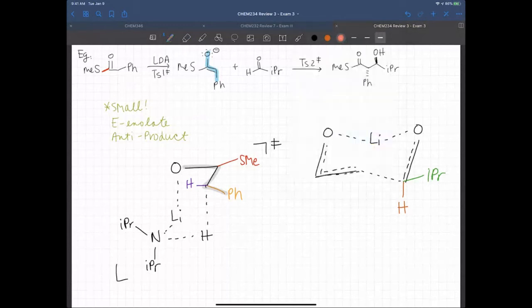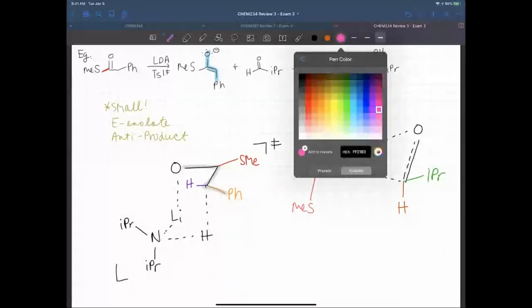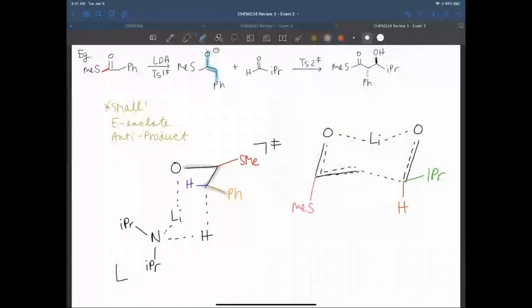Okay, and then tell me what goes here. Okay, let me draw it out. Right here. What goes here? The thiol. Good. Which means that because at the end of the day, remember we want an anti-product. So if you get lost, draw the E-alkene.